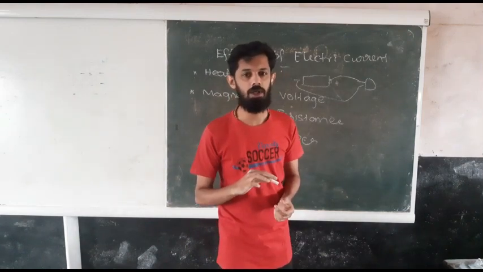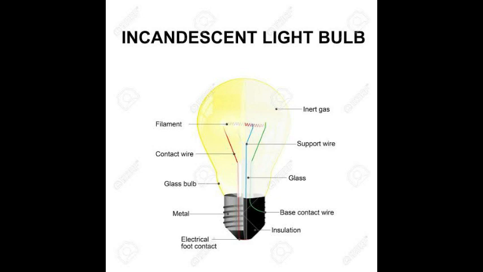An electric bulb consists of a tungsten filament. When electricity passes through this tungsten filament, it gets heated and emits light. It glows. This is the working principle of incandescent bulb.